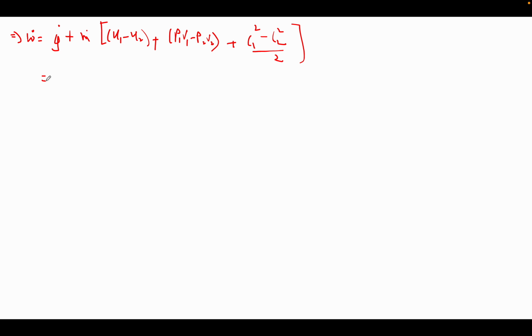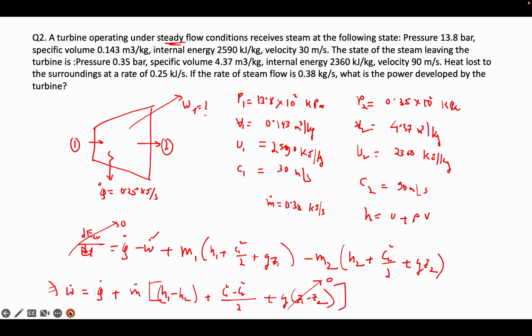Now I know the value of q. My q value is 0.25, and remember this is loss, so I'll put it as minus here, plus m dot, which is 0.38.